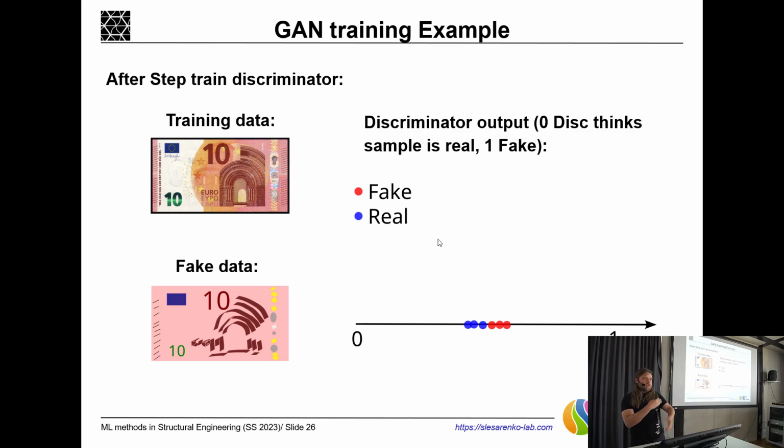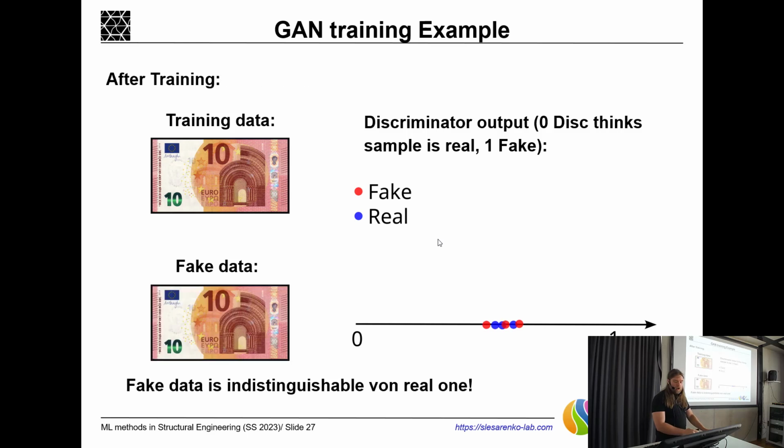And if we continue the cycle over a few hundred, maybe 1,000 times, we will get fake data that looks exactly like our real one. And our data here will be just centered around a half.